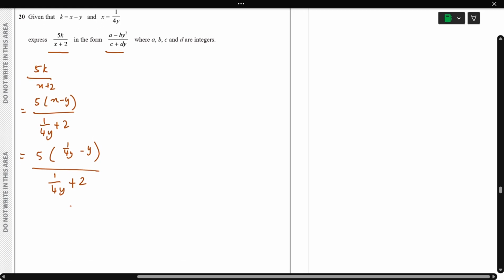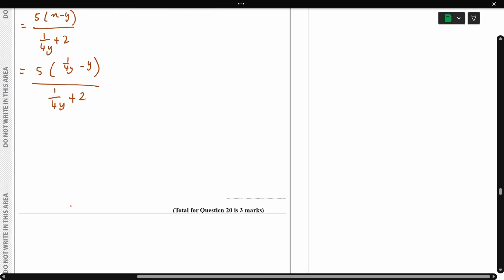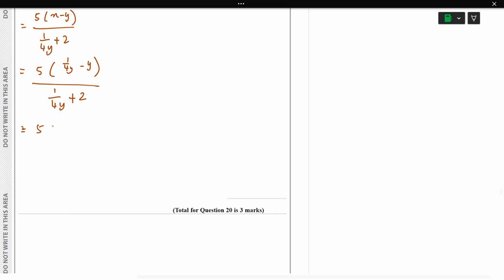Now I'll make everything in terms of y. Now I'll go for the working. So which is 5 into, I'll take LCM here, 1 minus 4y squared over 4y.